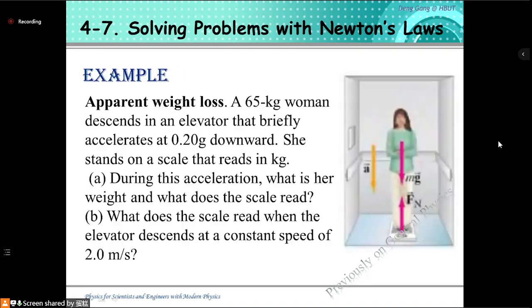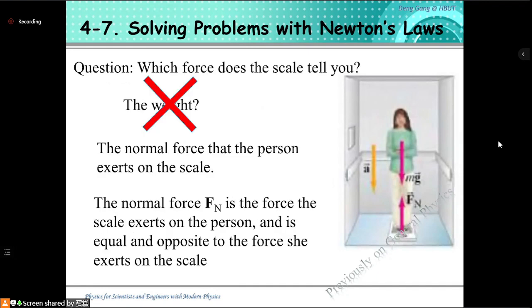So previously we investigated the apparent weight on a scale. The scale actually does not really tell you the weight. Actually, it tells you the normal force that the person exerts on the scale. According to Newton's third law, it should be equal to the normal force that the scale exerts on this person.